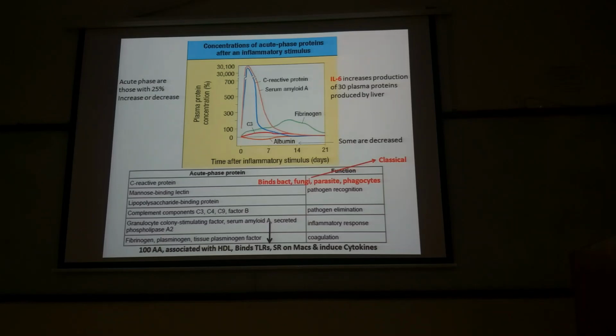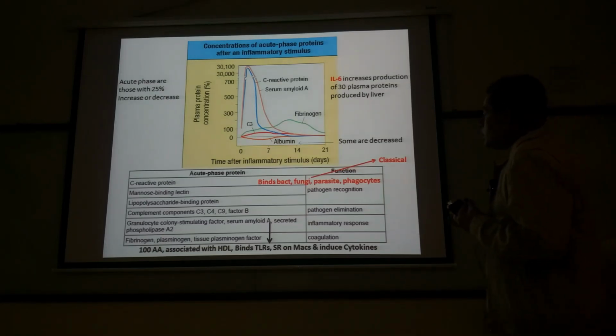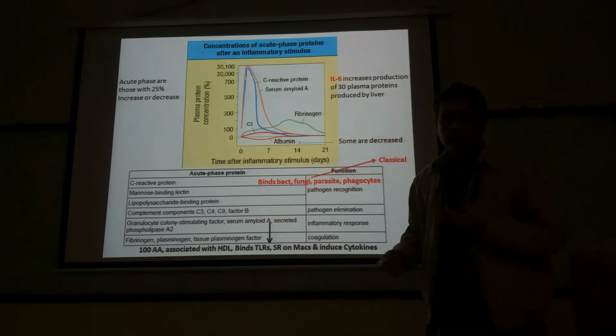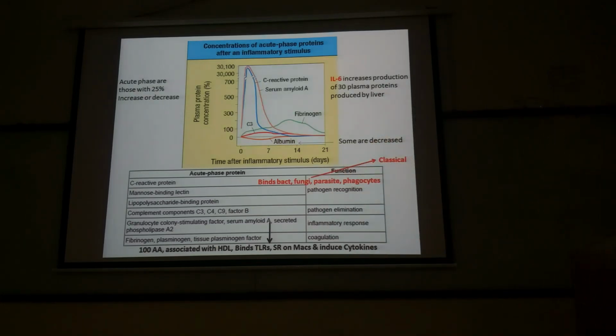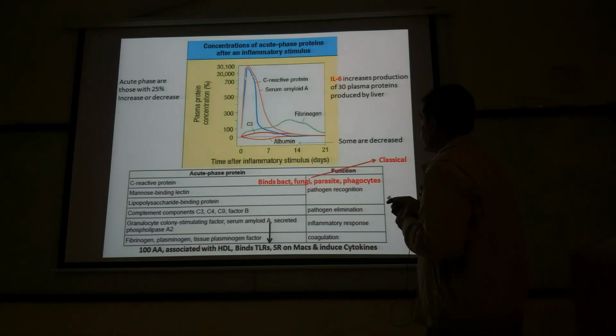Okay? So acute phase proteins would be proteins produced during this inflammatory response when there is some kind of infection, and their level is, you can say, abnormally elevated during this process of inflammation.